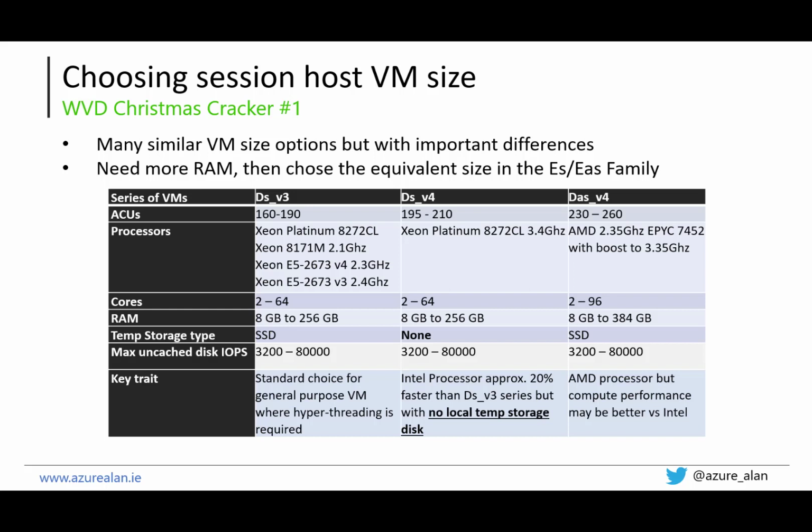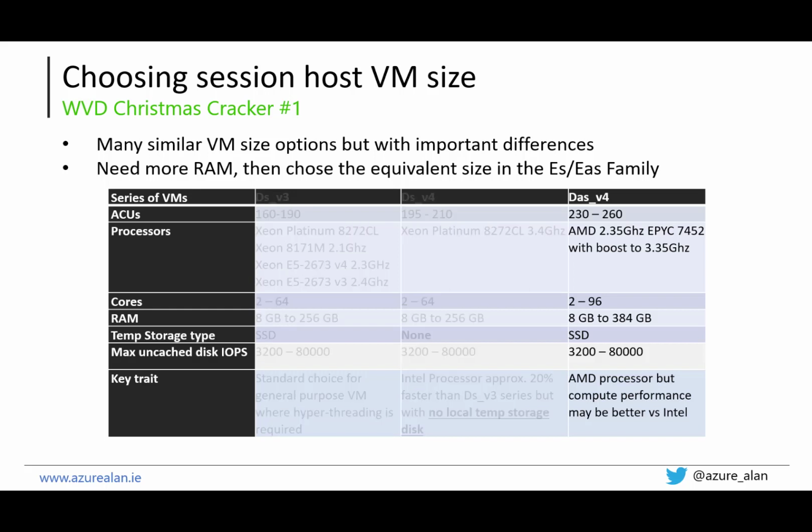So the performance from this processor versus the Intel versions there is better, and indeed my feedback from customers that have tried this out is they have found a noticeable performance improvement on this size. So as of right now, at the time of recording, my preferred option would be the DAS-V4. I would recommend that processor for your session hosts.